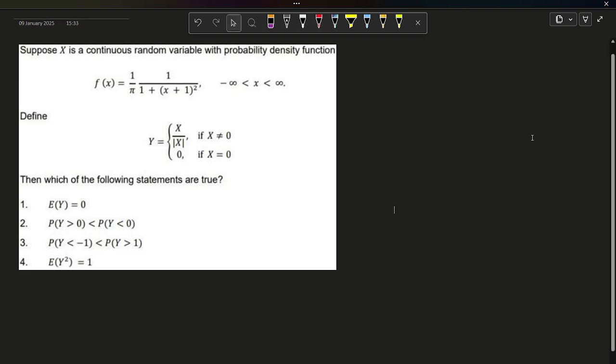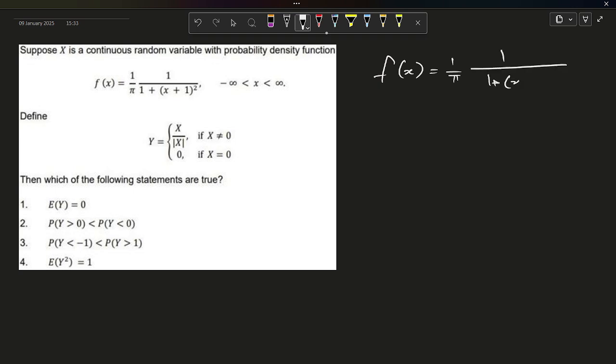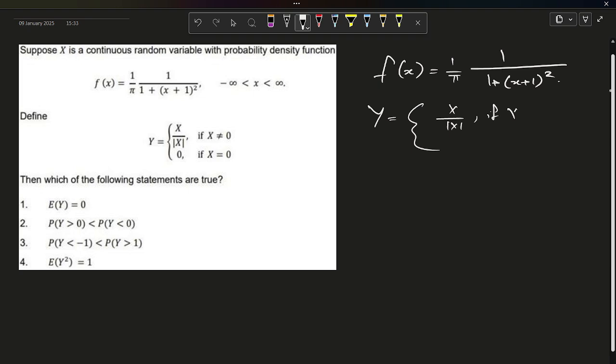The given probability density function is f(x) equals 1 by pi into this, when x is lying between minus infinity to infinity, and y is defined as x by mod x if x is not equal to 0 and 0 if x is equal to 0.